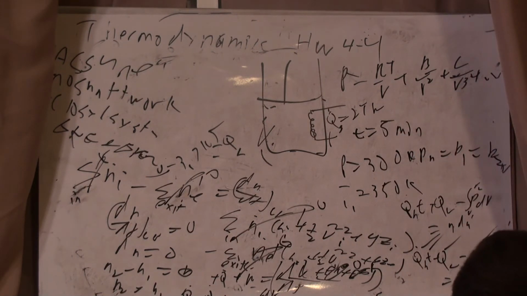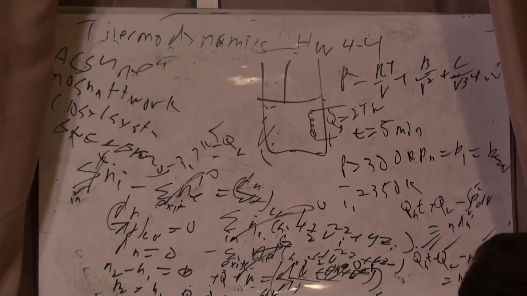So I have enough to get my V1, maybe not my V2 yet. For U2 minus U1, I'd have to do a departure function for the sake of this problem. I'm not going to do a departure function. We've done departure functions enough, but I would do one there.